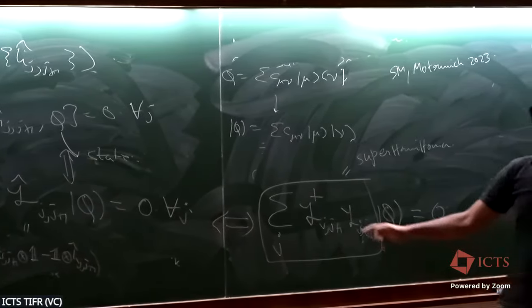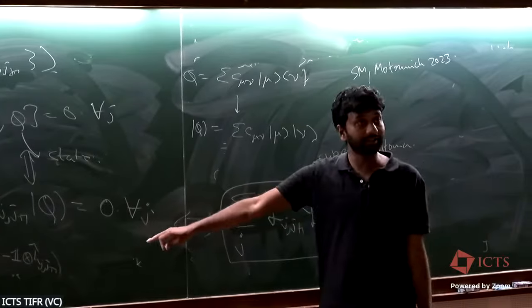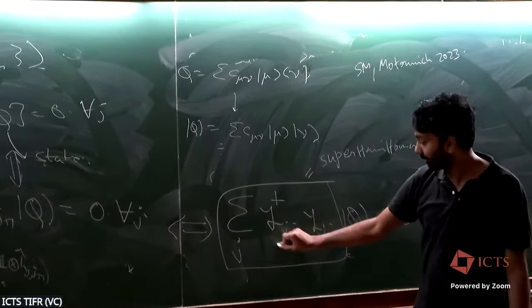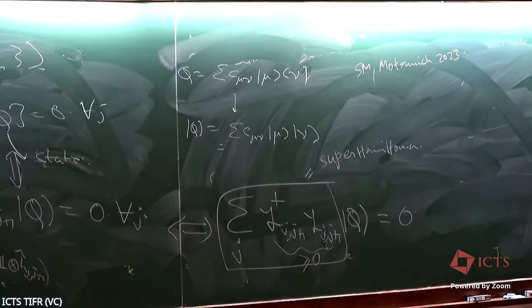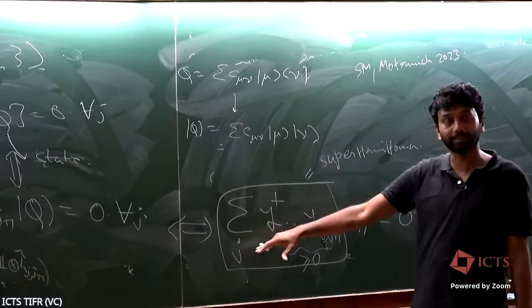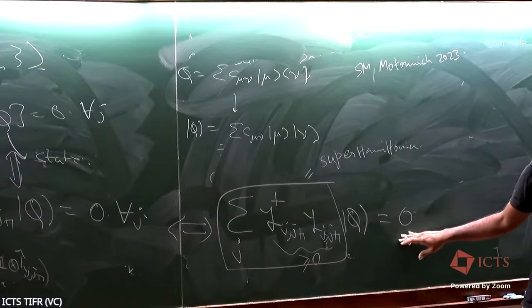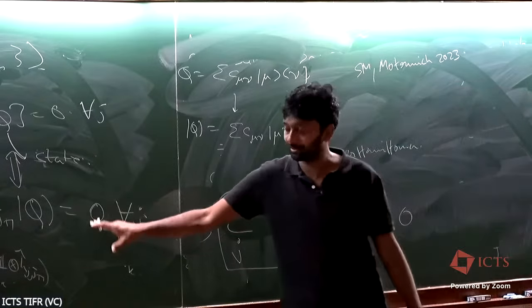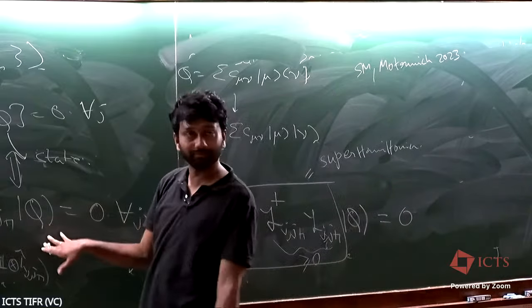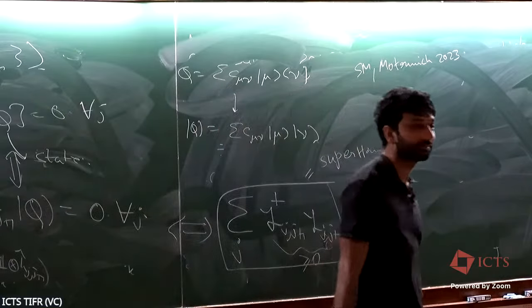The reason these two are equivalent is just that this is a sum of positive semi-definite terms. If a sum of positive semi-definite terms gives me 0, each of those terms should give you 0. And then you can go backwards, and each of these should give you 0, and this is equivalent to this.